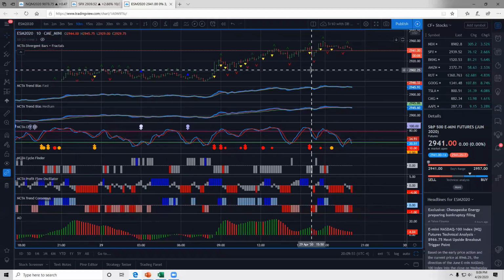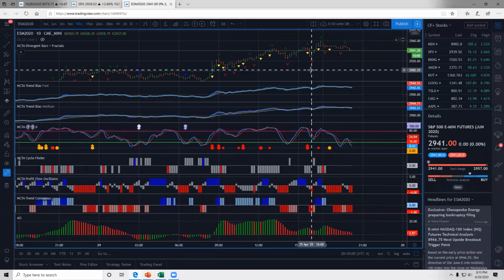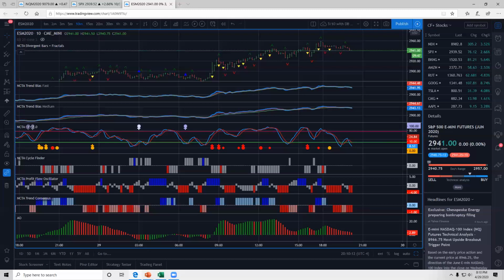And this was done with all of you in mind because we know that there are limitations based on subscription level to TradingView, and a lot of you already have the fractals on your chart. So by combining fractals and divergent bars together in one indicator, you can remove your current fractals off your chart and add the new cycle trading indicator, which has both of them, and it'll just be one indicator instead of two separate ones.